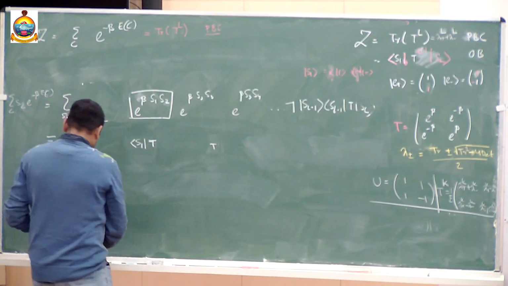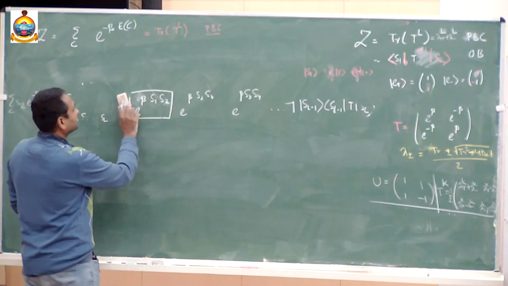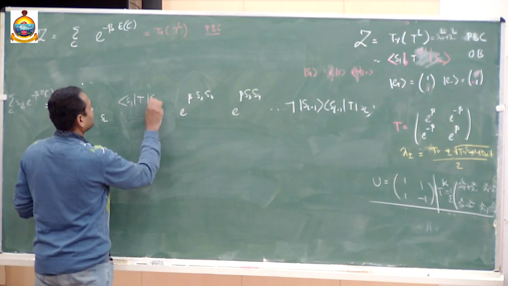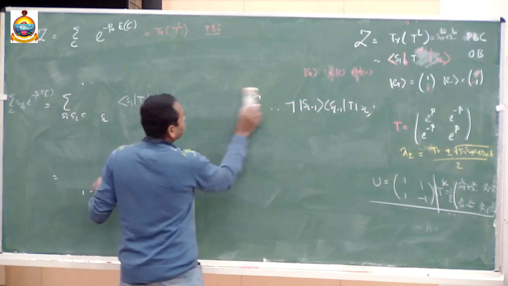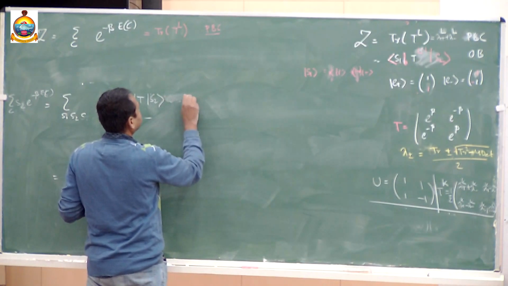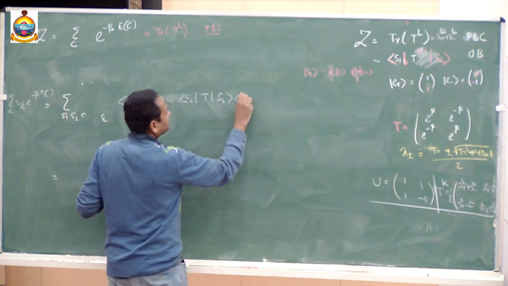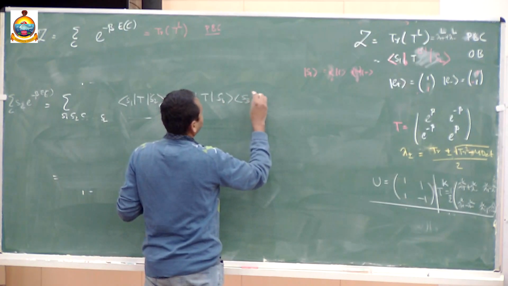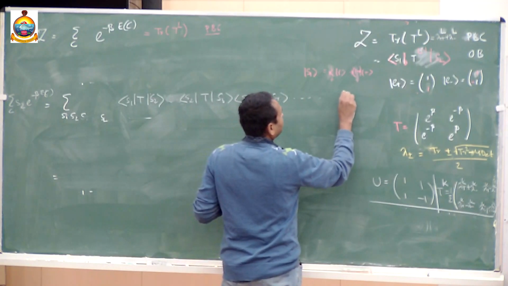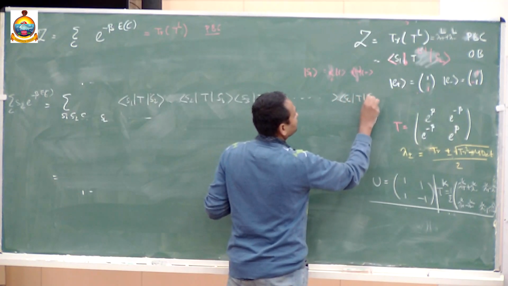This sum contains the earlier sum, summation over S1, S2, up to SL, and this one is S1 T S2, and the next terms: S2 T S3, like that, S3 T S4, and then finally SL T S1, this is the last term.